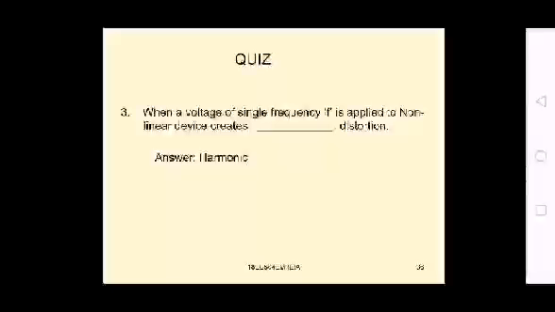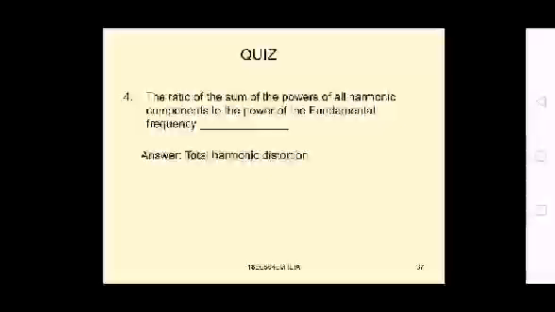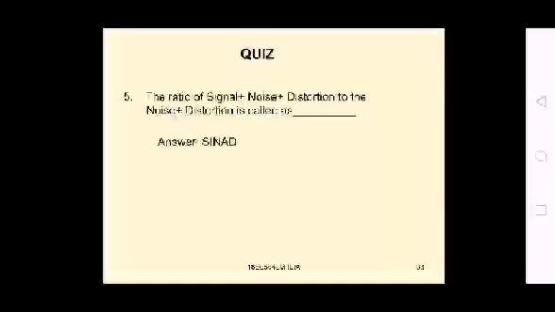When a voltage of single frequency is applied to a nonlinear device, it creates harmonic distortion. The ratio of the sum of the powers of all harmonic components to the power of the fundamental frequency is called THD, total harmonic distortion. The ratio of signal plus noise plus distortion to noise plus distortion is called SINAD.